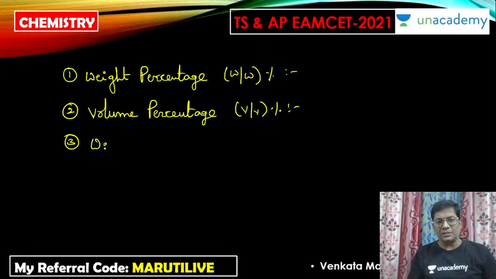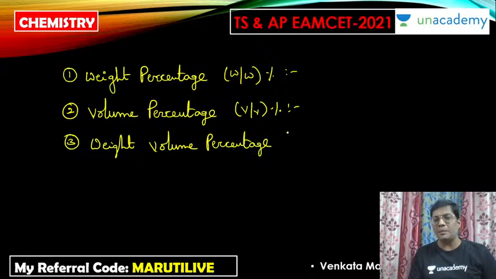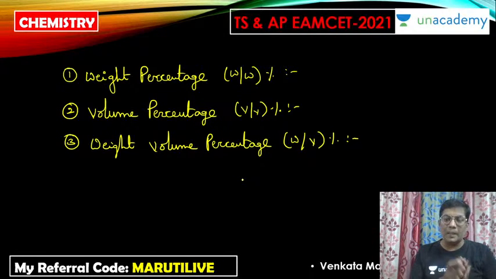And the next one is weight volume percentage. There are three main important methods: weight percentage, volume percentage and weight volume percentage. These three are the most important methods of concentration of a given solution. Apart from these three, some more important methods of concentration you also have to know.